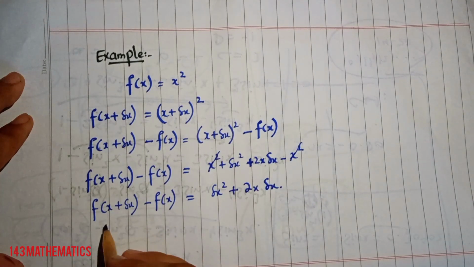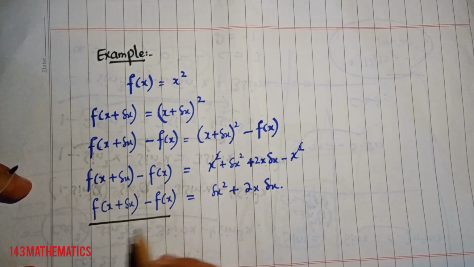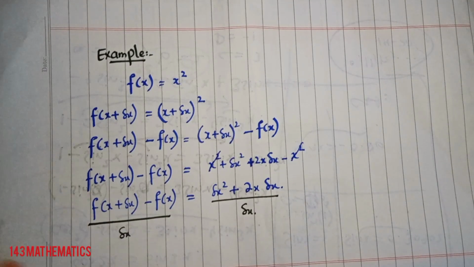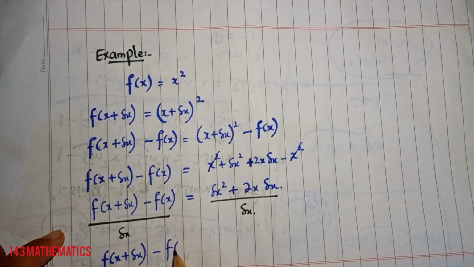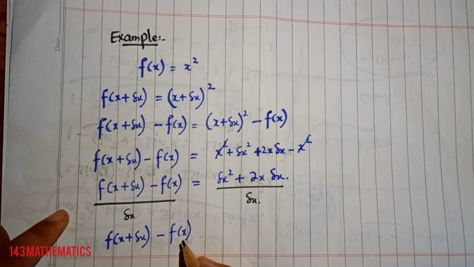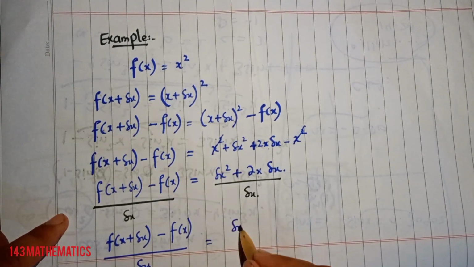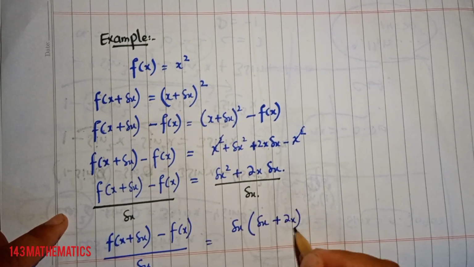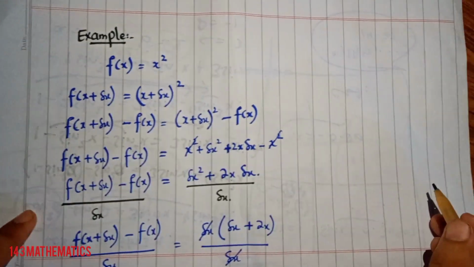So here we will divide both sides by delta x. This will become f of x plus delta x minus f of x divided by delta x. Here if we take delta x common, this will become delta x plus 2x divided by delta x. So delta x will be cancelled with delta x.